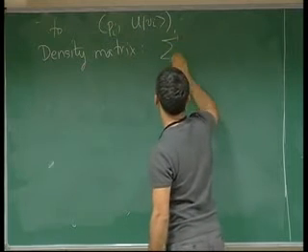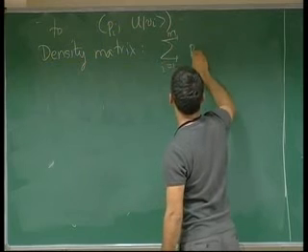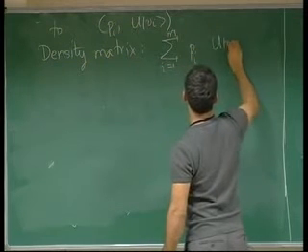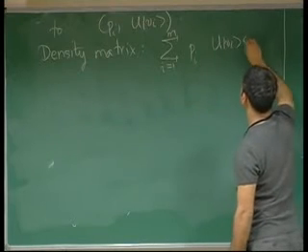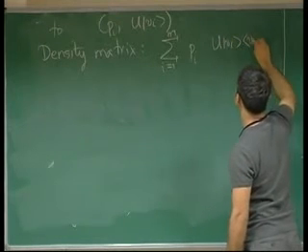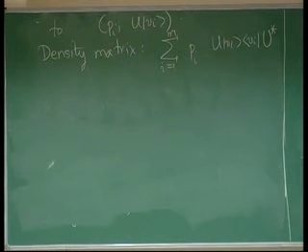is the same combination of UVI. So it's I going from 1 to M, Pi, UVI, times its conjugate transpose, which you can write as that.